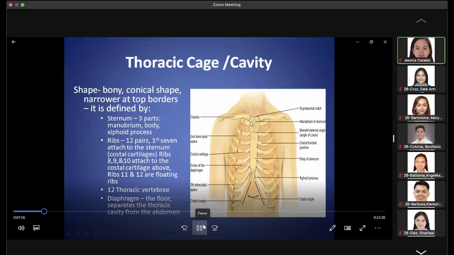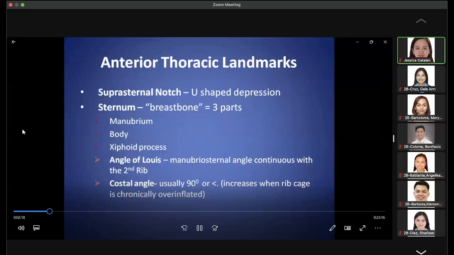The first 7 are attached to the sternum, whereas ribs 8, 9, and 10 are attached to the costal cartilage above. Ribs 11 and 12 are your floating ribs. You have 12 thoracic vertebrae, and the diaphragm is the floor, which separates the thoracic cavity from the abdomen.